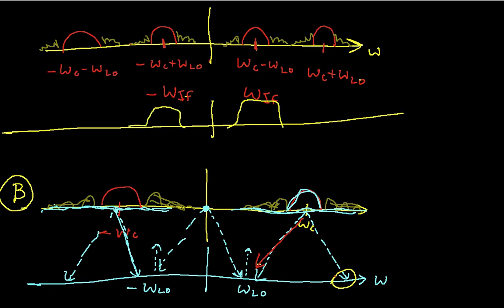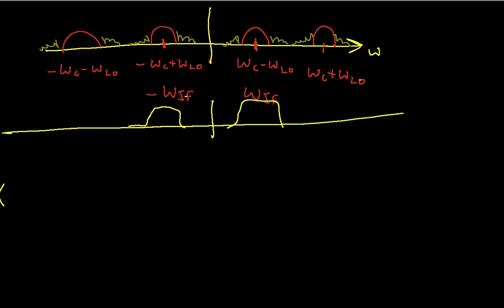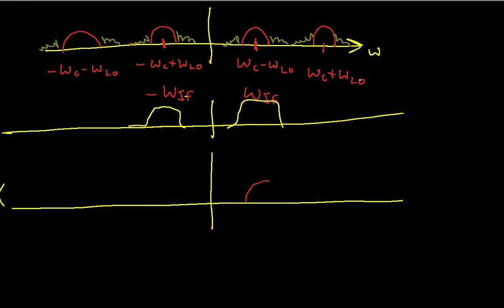And so when I run the output of the mixer through that bandpass filter, then the only thing that's left is the radio station that I'm interested in at omega IF and minus omega IF. And that's the miraculous part of it.